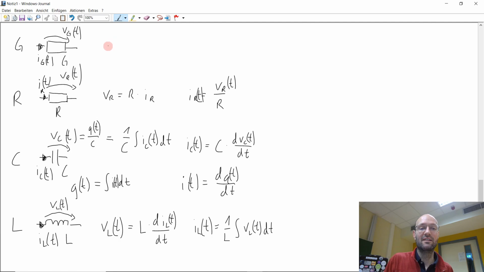So this is G, and then it's the same as with C and L. The voltage is 1 over G times the current, and the current is G times the voltage.